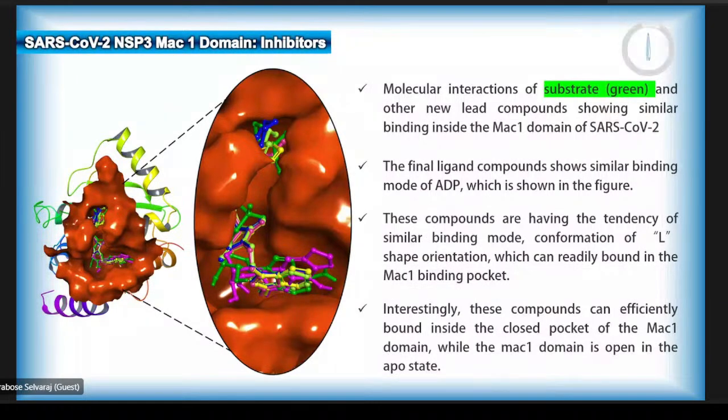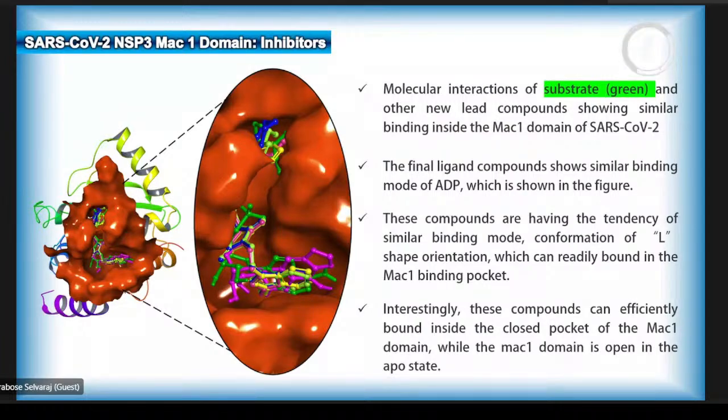So we have found some molecules which bind with the L-shaped binding pocket, and they are more competitive than the ADP ribose. This orientation we call the conformational orientation. This orientation exactly matches or mimics the ADP ribose.